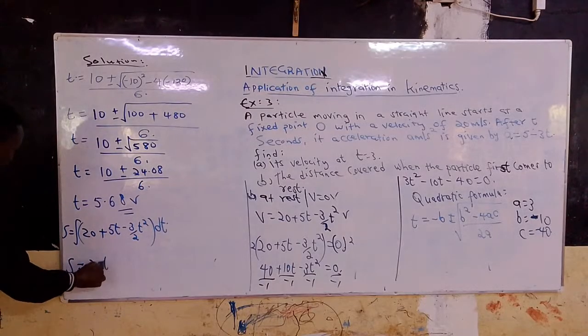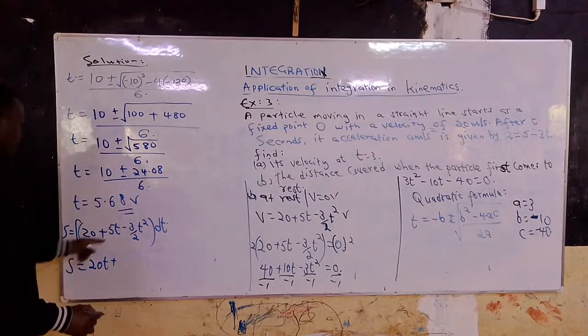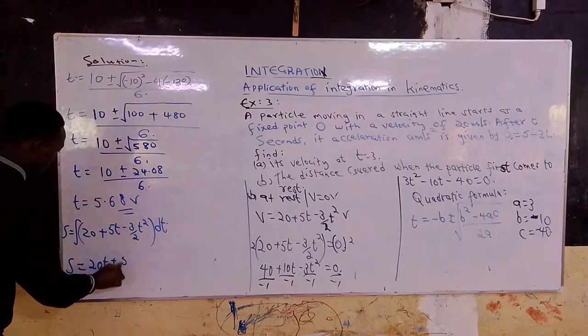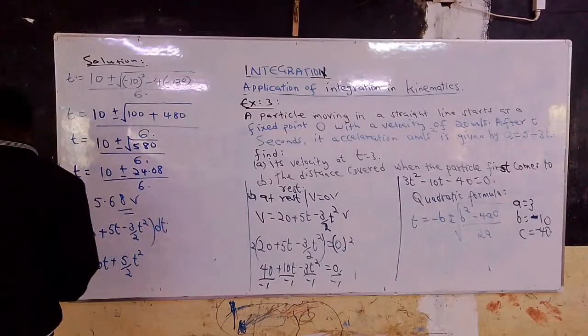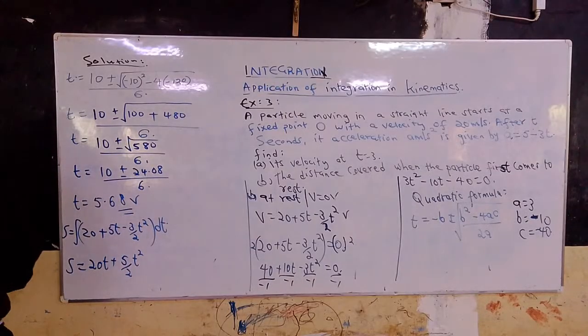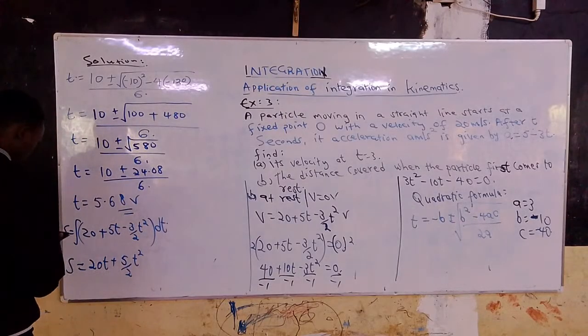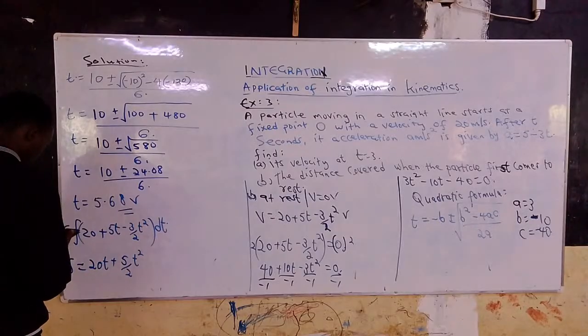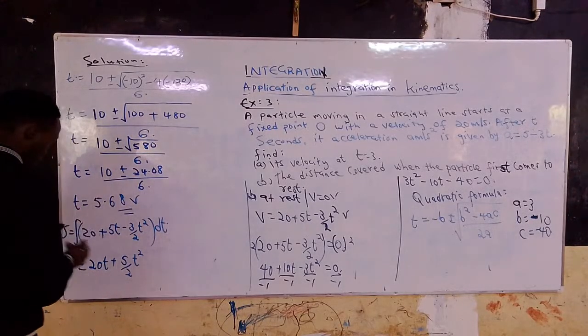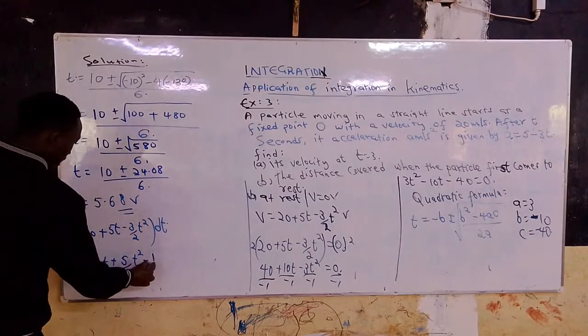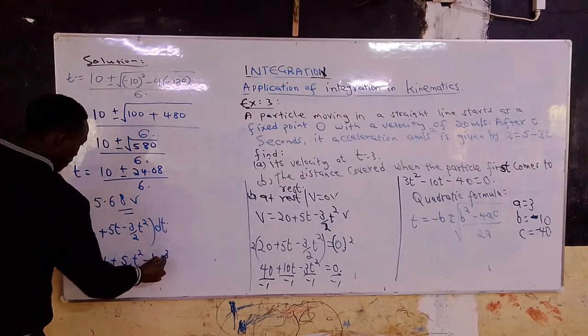And once we integrate it, we will get 20t plus 5 over 2 t squared, and once we integrate negative 3 over 2 t squared, we are going to get minus a half t cubed.